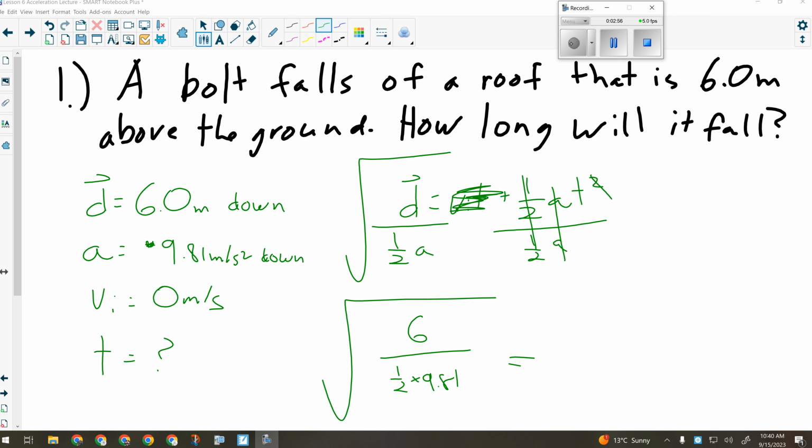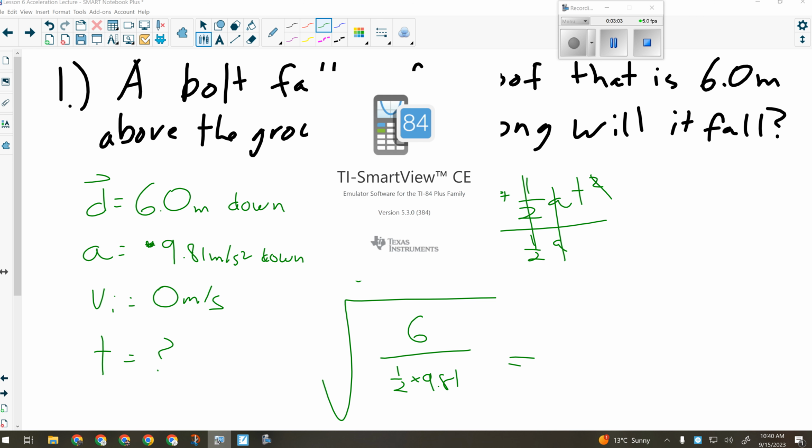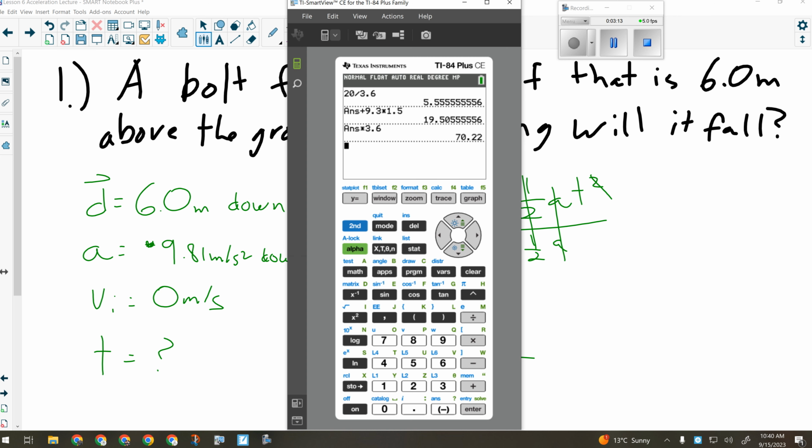So, looking for the time: square root of 6 divided by 4.905. So this is going to be falling for 1.1 seconds.